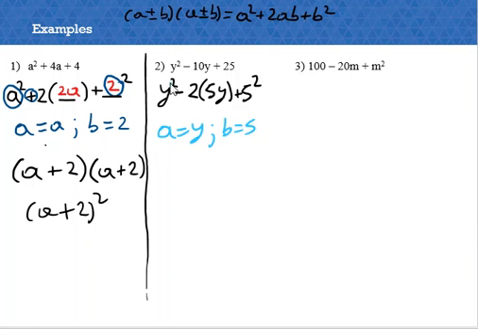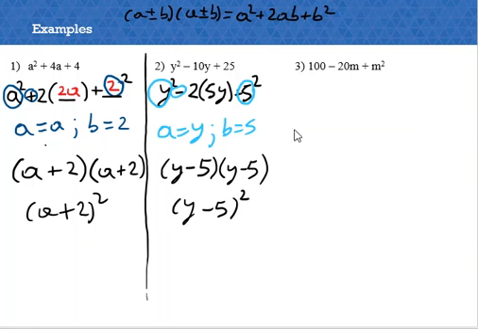So we're going to take y, that's our a, minus, and b is 5. And I'm just going to write it as y, then minus this 5 times itself, or simply y minus 5 squared.